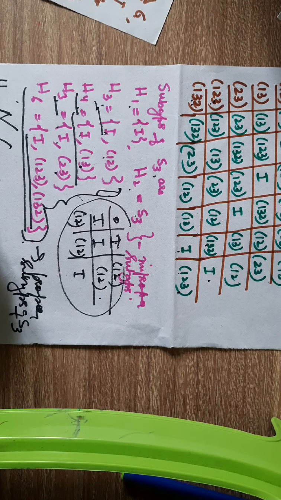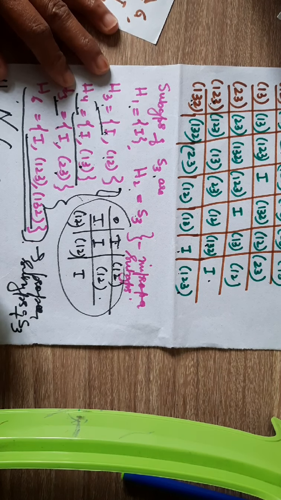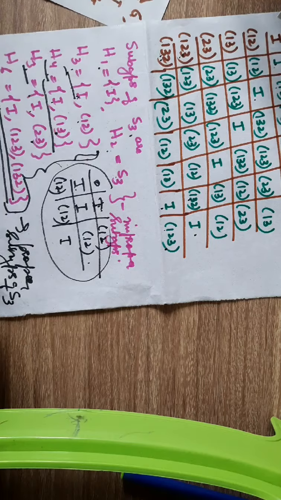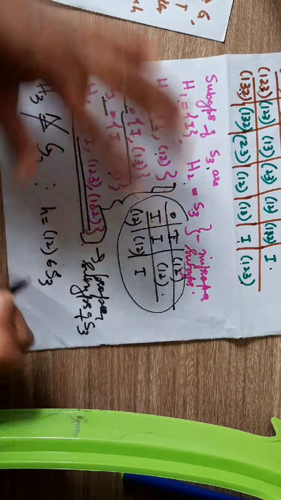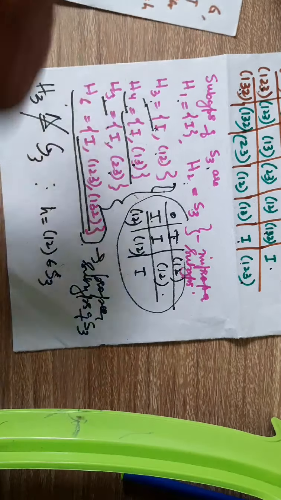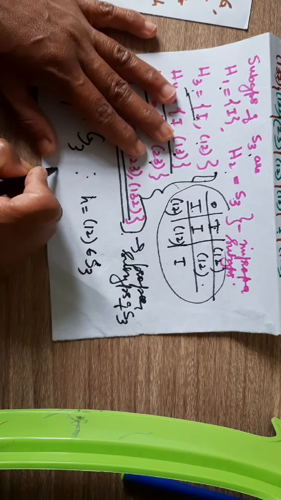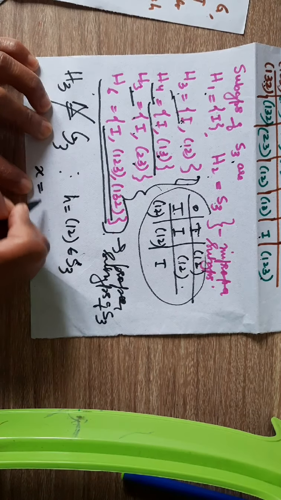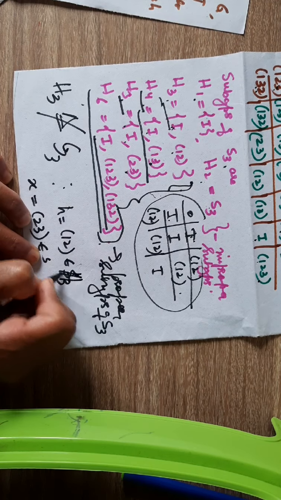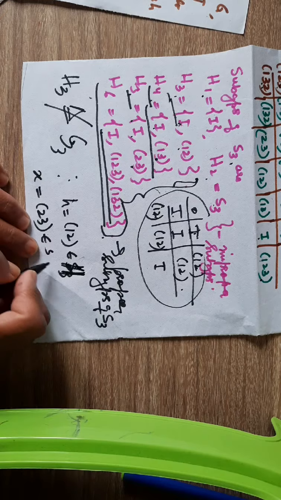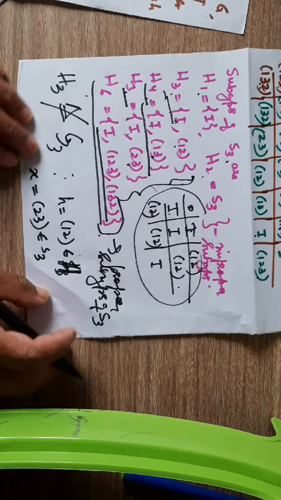Let me just take this one. Take H equal to (1 2), which belongs to H3, and let us take X equal to, say, (2 3), which belongs to S3.